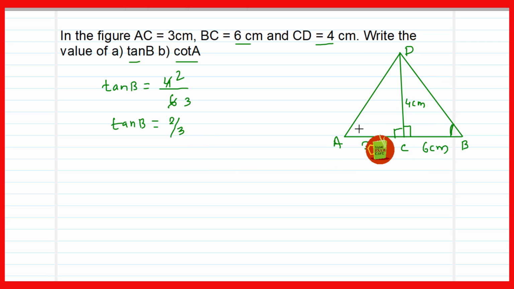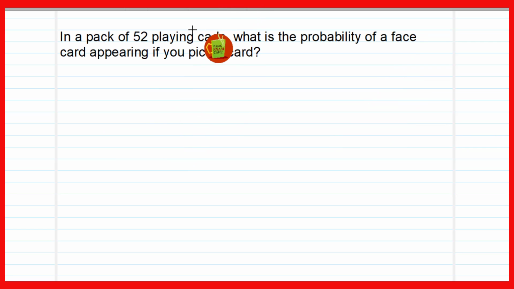Then in this triangle we have to find cot A. This is angle A, and we have to find cot A. So cot of A is equal to adjacent upon opposite. So adjacent will be 3, upon opposite is what? 4, and so cot A will be equal to 3 by 4, and tan B is equal to 2 by 3.